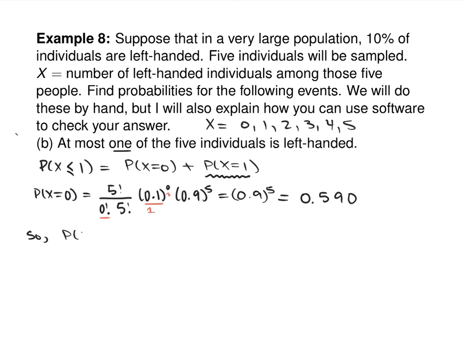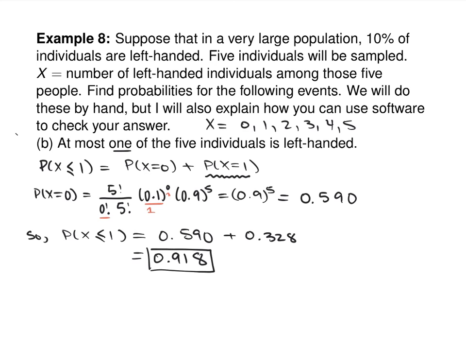So probability that x is less than or equal to 1 is equal to 0.590 plus 0.328, which is 0.918 approximately. And to put this into Excel, if you want to check your work, doing less than or equal to 1 will change that last command.